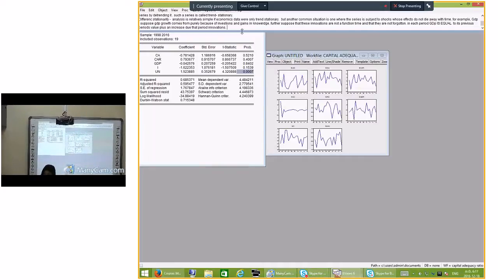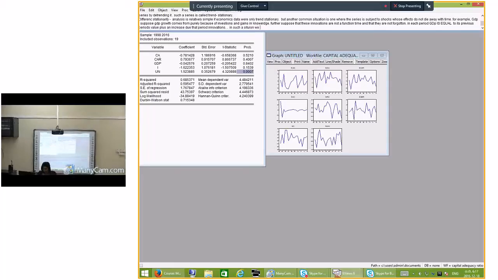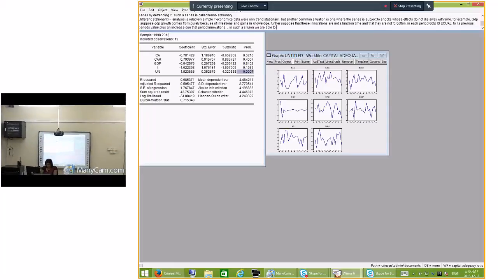In such a situation, we are able to make the series stationary by taking the first difference.